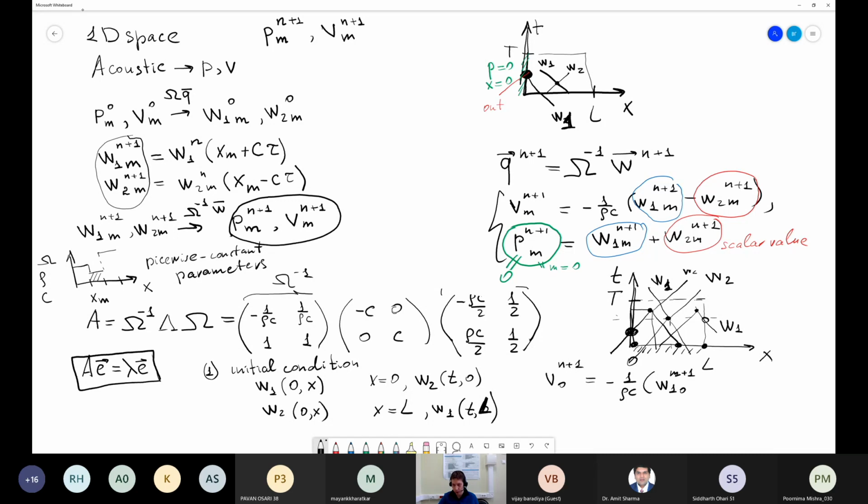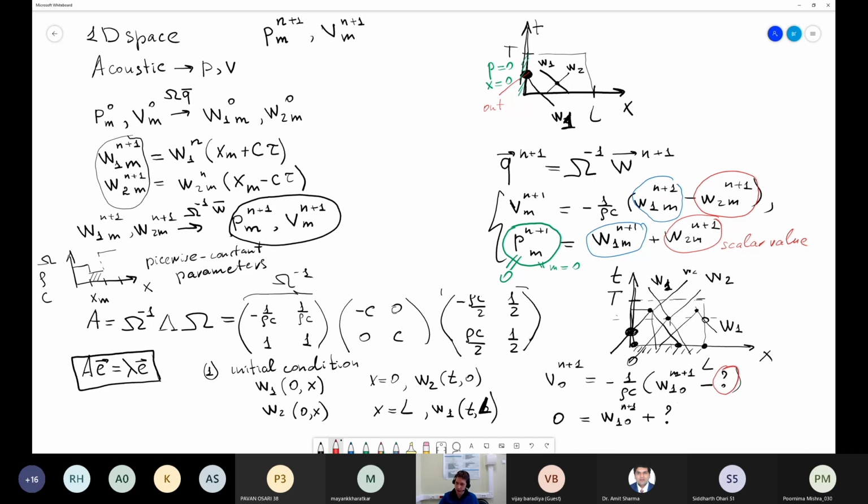This value was calculated previously, minus some unknown value, and 0 is equal to the w1 at the point 0 at the next time moment, we know it, plus some unknown value.